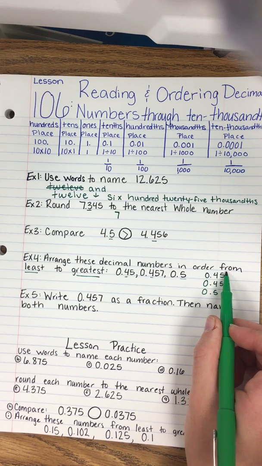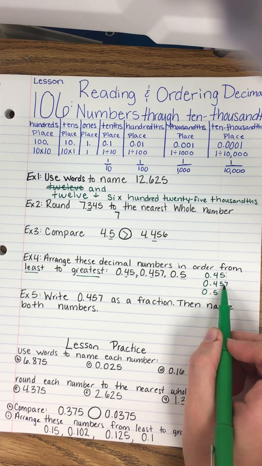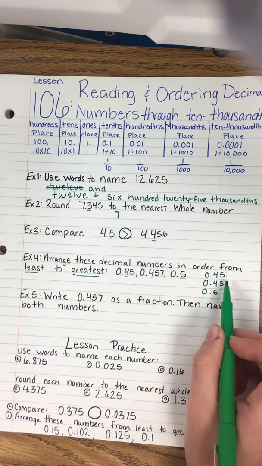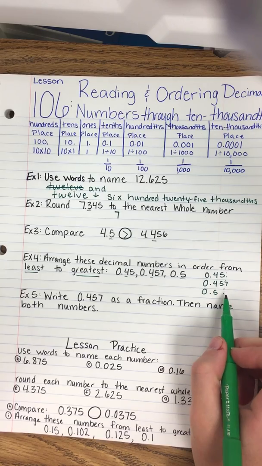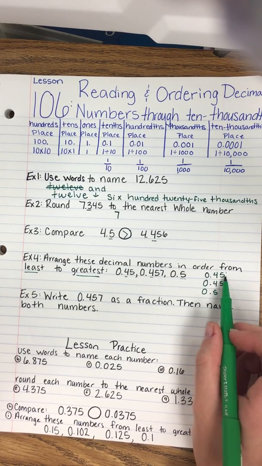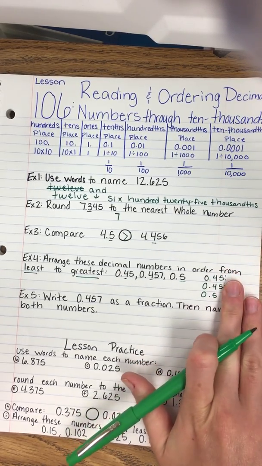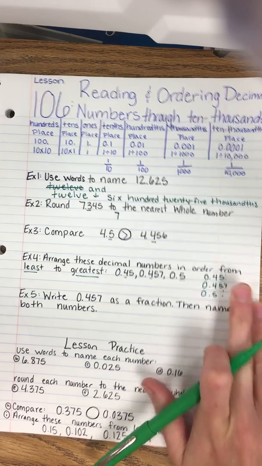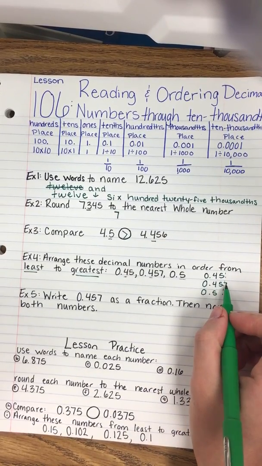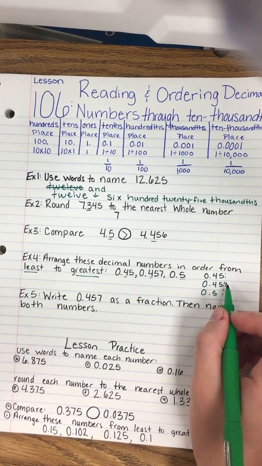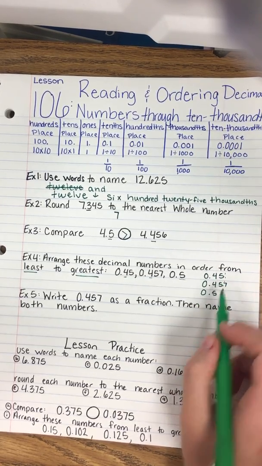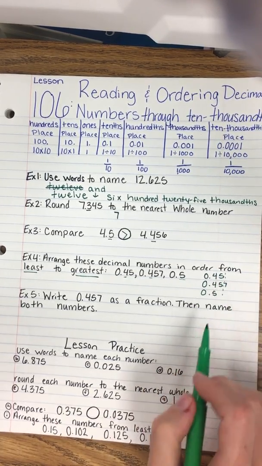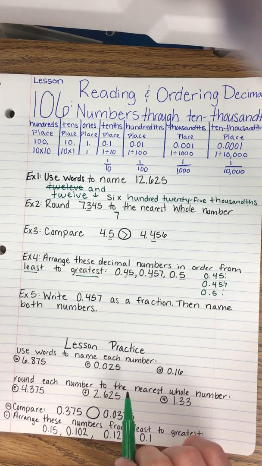So with this imaginary line that I'm drawing here, which is not even straight, you see that the numbers before the line are identical, and since this one adds to it, it adds value, so it's the greatest. So that's another way to determine which number is the greatest and which is the least.